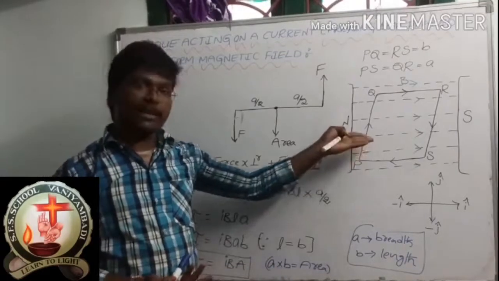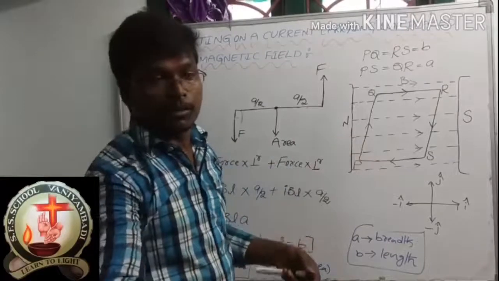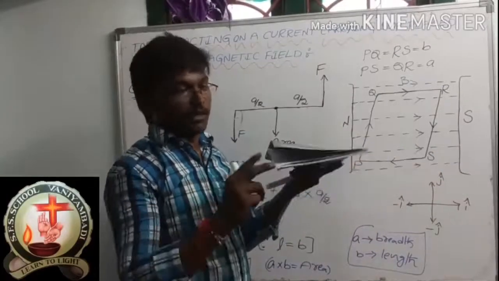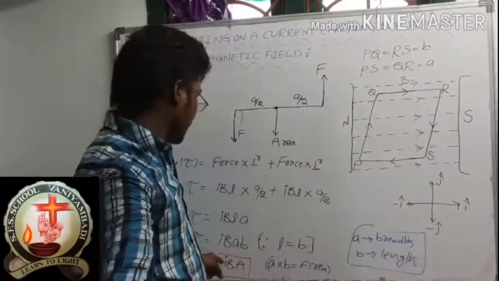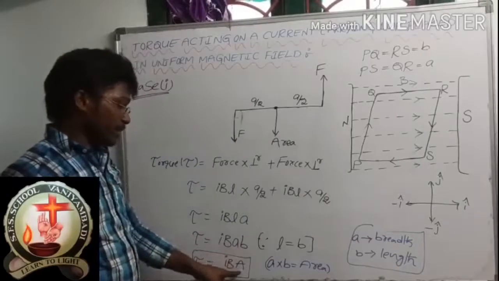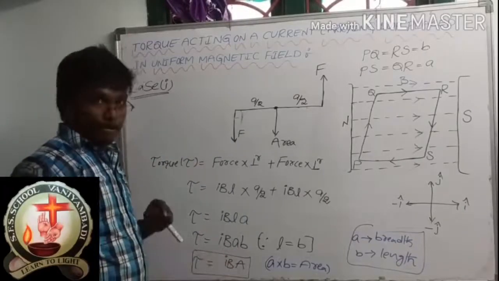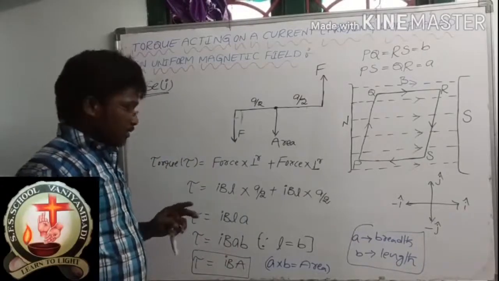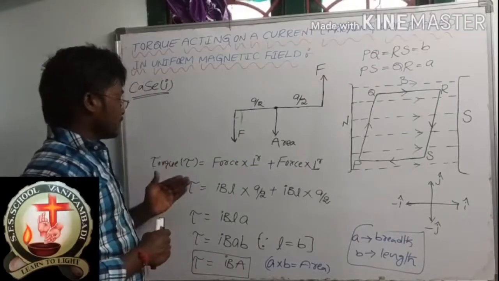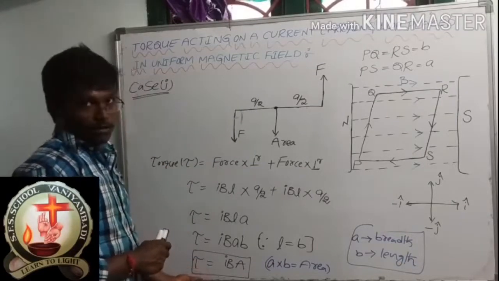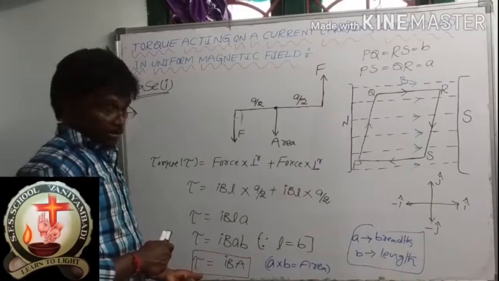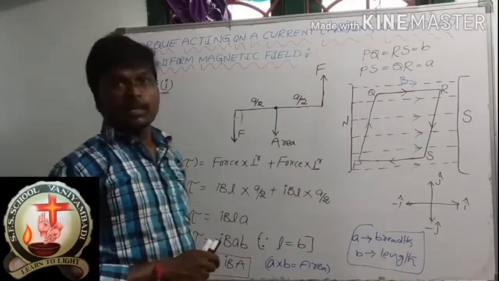This is a rectangle shape only, no? Length into breadth, area. So like that here also, A into B is area. Here A means area. Okay, so this is the case 1 expression of torque. Torque is equal to IBA.